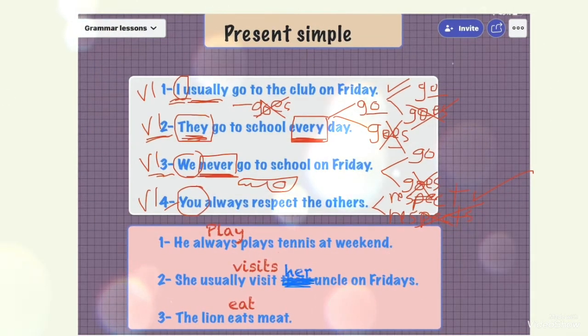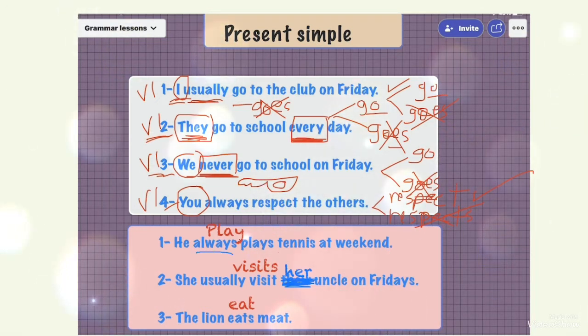And now, my dear students, let's see here the other examples. Number 1, he always plays or play tennis at weekend. Which one we will choose? Play or plays? Here I have always.